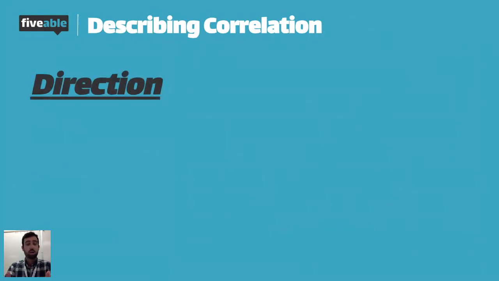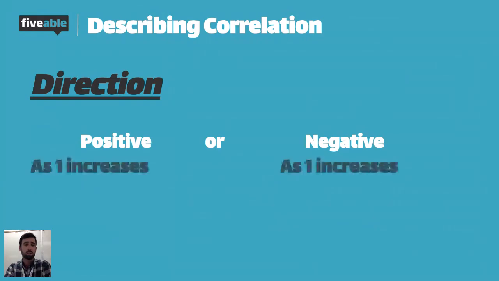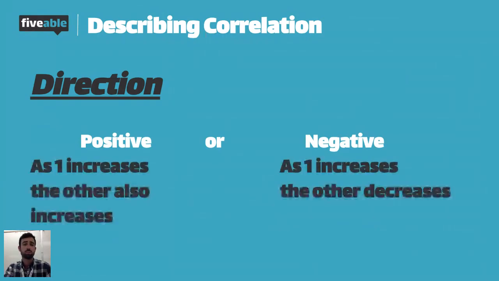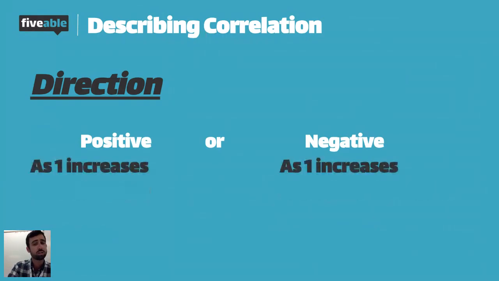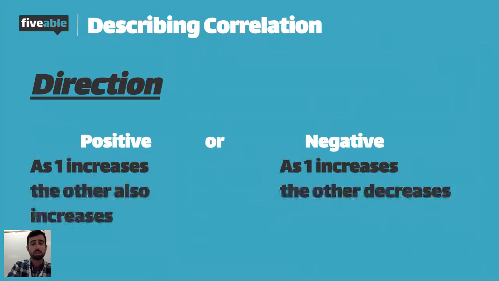All right, let's focus on direction. Direction is either positive, negative, or no correlation. But for now, we're going to focus on positive. Essentially, for positive, as one increases, the other also increases. But for negative, the other decreases.